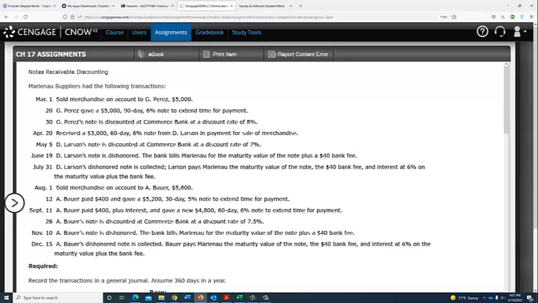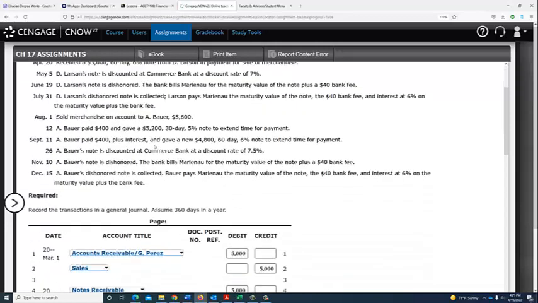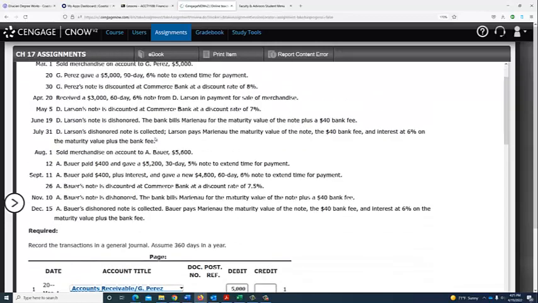To calculate the discount, we'll take the maturity value of 5,075, multiply times the discount rate of 8%, and then times the discount days of 80 divided by 360. So our discount is $90.22.